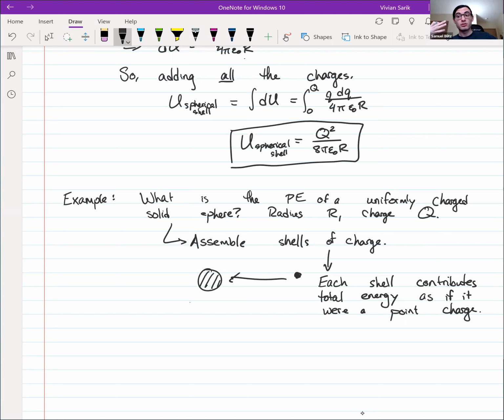And then the electric field that it will feel, and hence the electrostatic potential energy it will gain, will be from the sphere that's below it. The sphere below it will also behave like a point charge from Gauss's law.